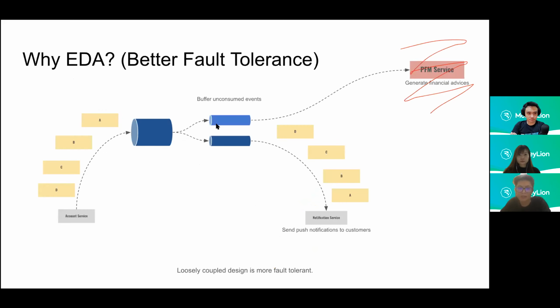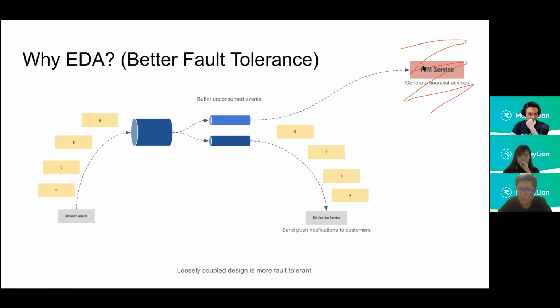Again, we can see why this message channel or event broker component really shines. When one service is down, in this case the PFN service is not available, the account service and notification service are still available. So there's no worry about these 2 services; they can still function in a normal way.